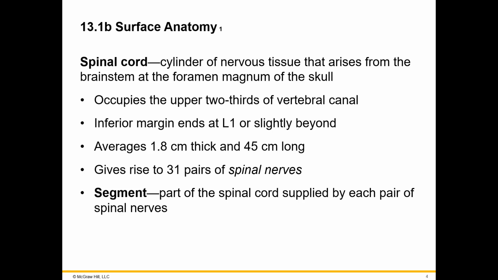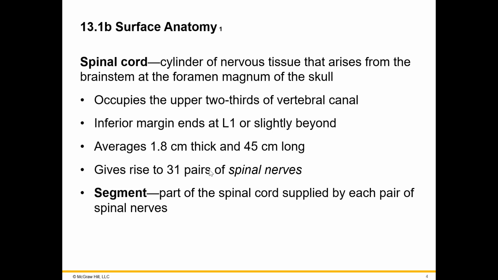But as you grow up, it shortens and ends at L1. Below that, L2, L3, L4, L5 is empty. There's no spinal cord in there. So nobody is having a disc herniation at level L4 or L3 affecting the spinal cord, because there's none in there. It shortens as you get older.